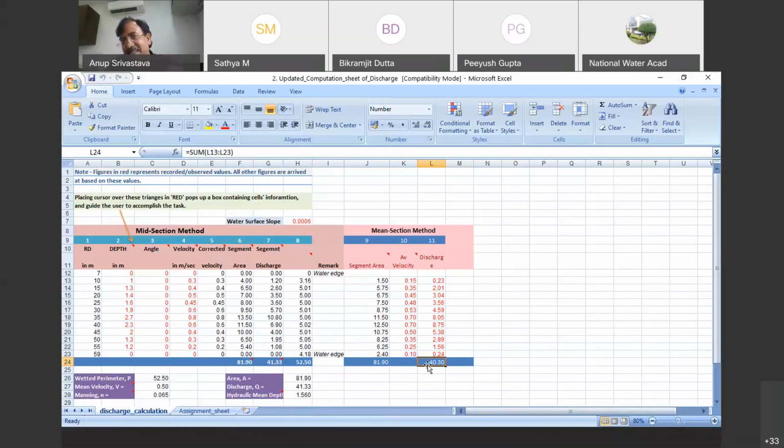But again, let me put this point before you. This discharge value is your raw data, your observed data. It will only be a scattered value when you plot a rating curve, on a gauge x-axis and discharge y-axis plot, and try to fit a rating curve. These would be treated as raw, observed data.